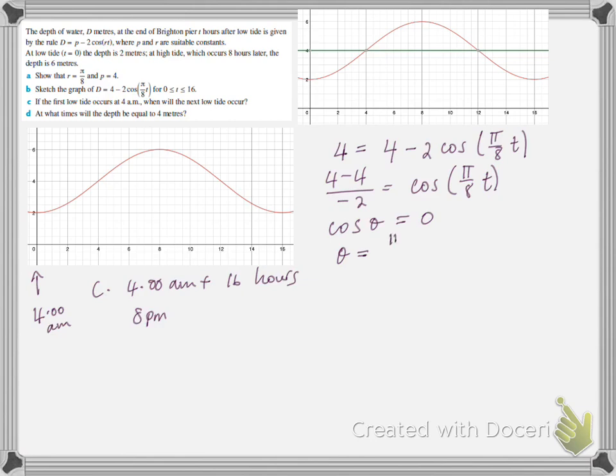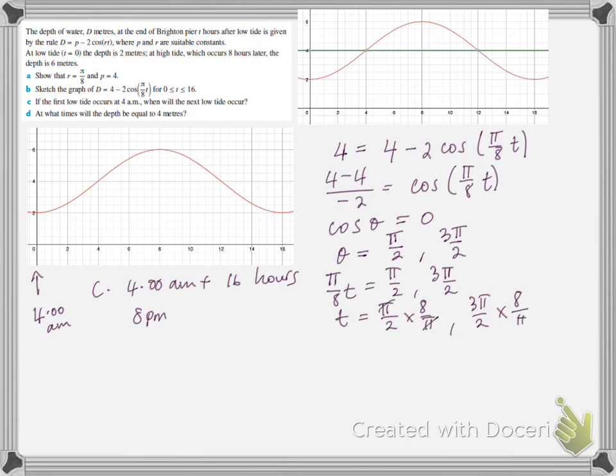It's going to be at pi on 2 and 3 pi on 2 that cos returns a value of 0. So now we can sub back in pi over 8t equals pi on 2 and 3 pi on 2. And then to get t, I'll have t equals pi on 2 times 8 on pi and 3 pi on 2 times 8 on pi.